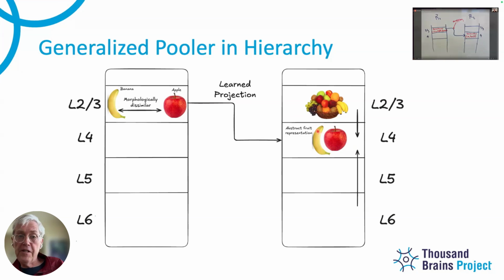It's a different SDR. You mean the mini columns that are active? Yeah, you're using a mechanism to make a different set of cells active, and that different set of cells is no longer banana or apple. You could think of it now.